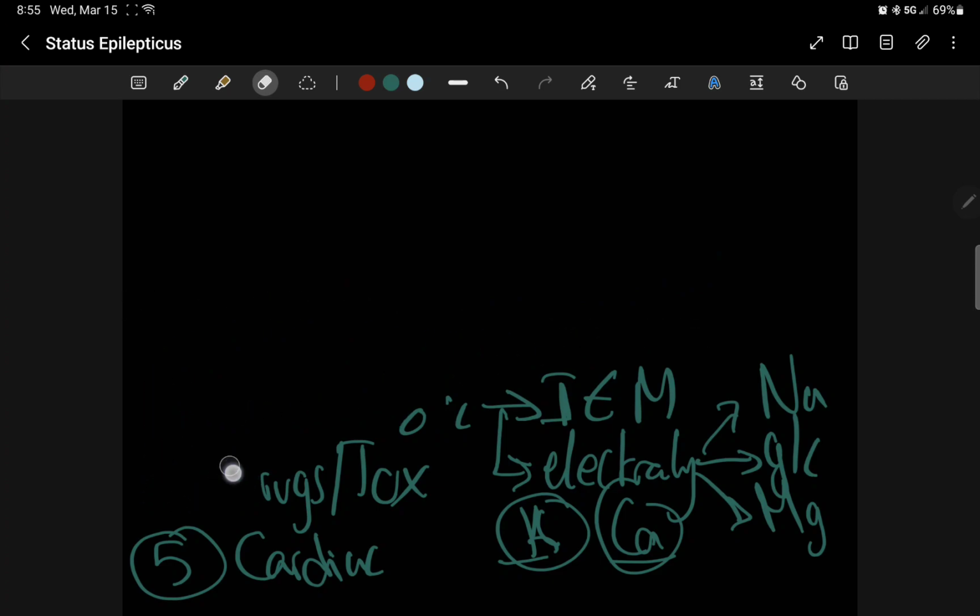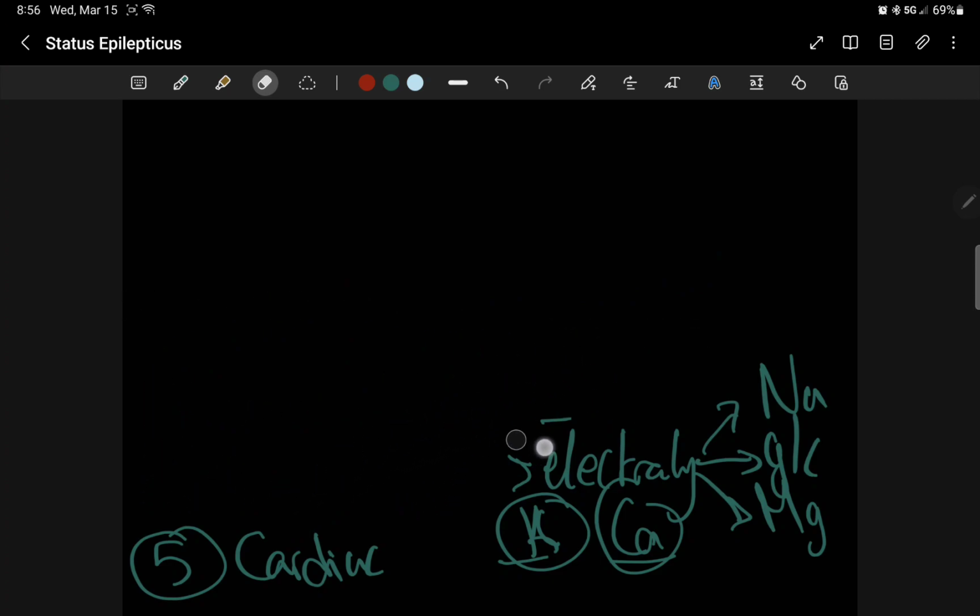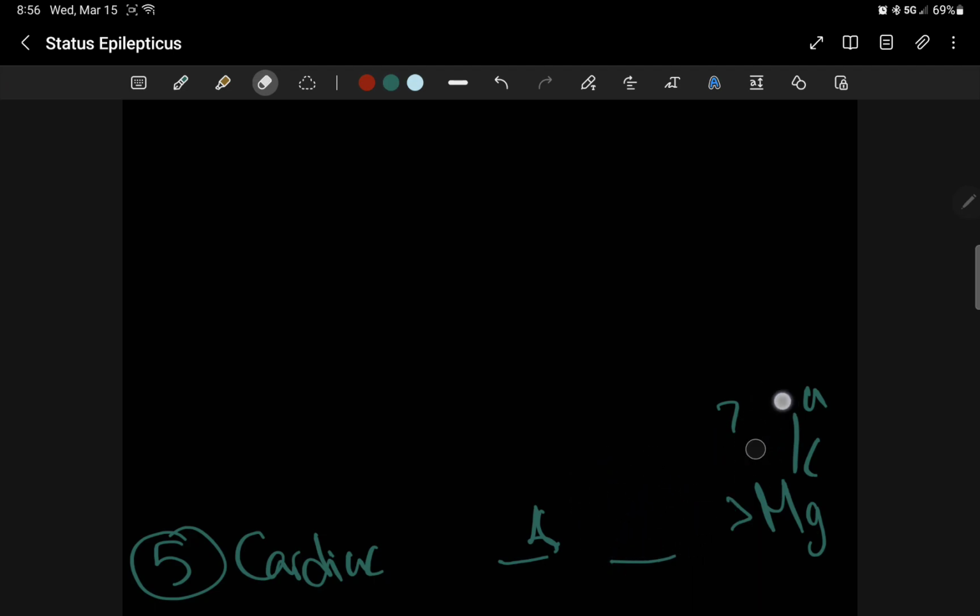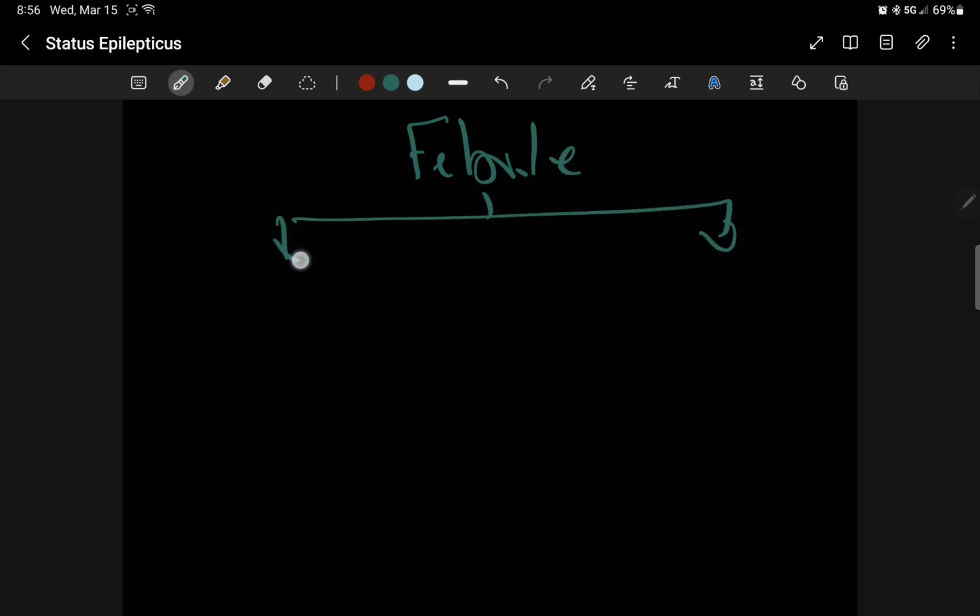Okay, so when we are talking about febrile seizures that we're discussing, we said febrile seizures can be simple or it can be complex. Parents will have a kid with febrile seizures.